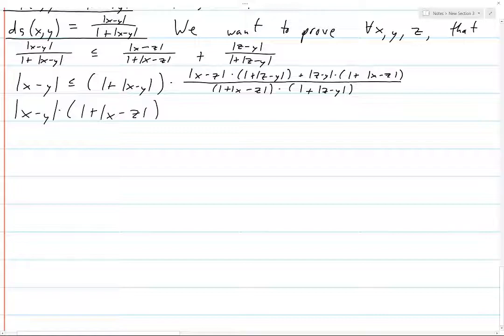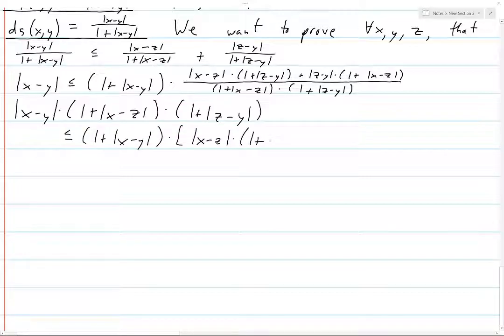We want this to be less than or equal to 1 plus norm of x minus y times, and then we got norm of x minus z times 1 plus norm of z minus y plus norm of z minus y times 1 plus norm of x minus z. Close all our parentheses and brackets. And so now we just multiply everything out.